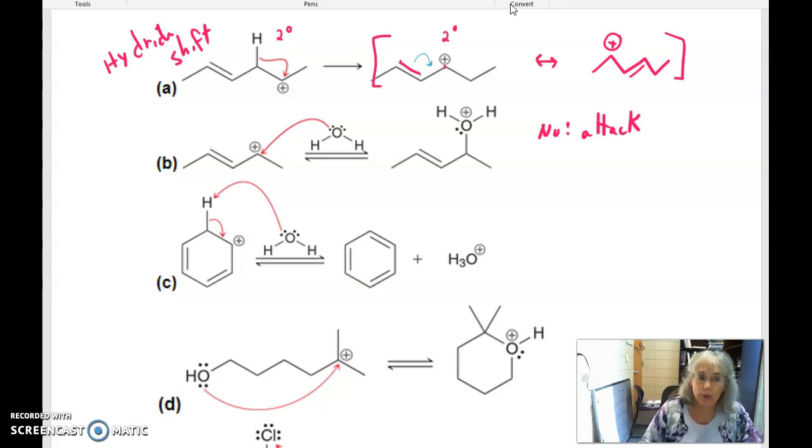So, and we've got two arrows. We've got a proton transfer. This proton right here is being transferred from this ring to the water molecule. It appears over here now. So this is a proton transfer.